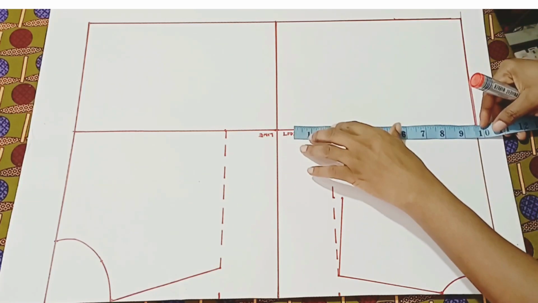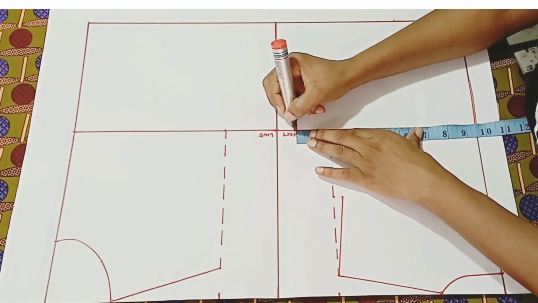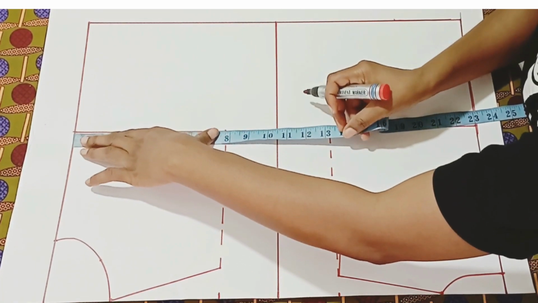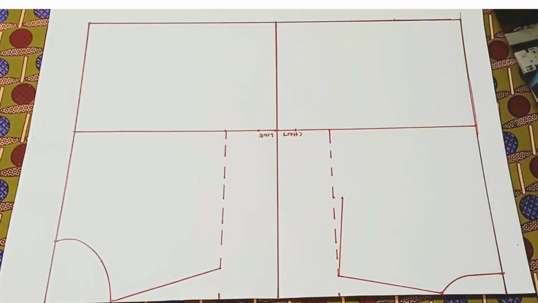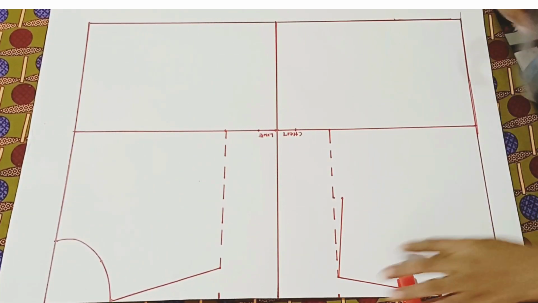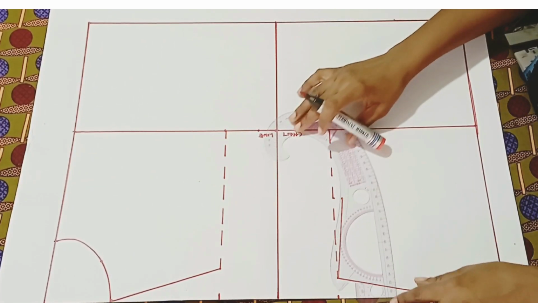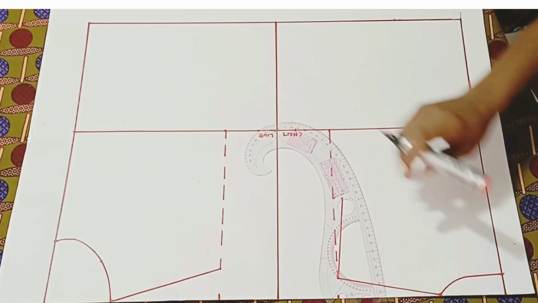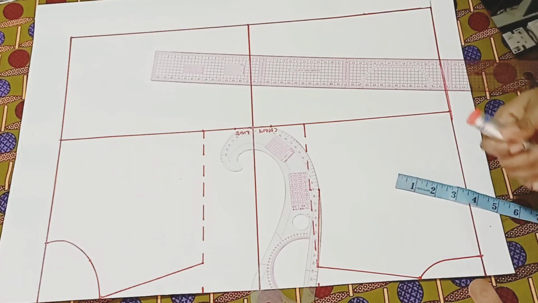So I'm going to input 9.5 here, and I'll do the same thing for the front, 9.5, and bring in my curve rule to draw a very good curve. So I'll be drawing the curve.